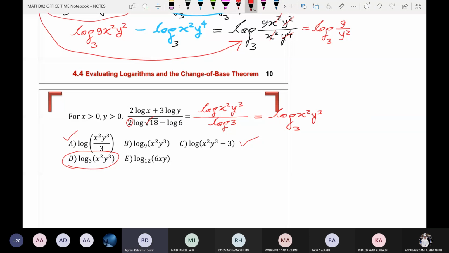We have logarithm with base 10, of course, here, so you can write it as a single logarithm with base 3. Did you catch the base change idea? This is the base change formula.